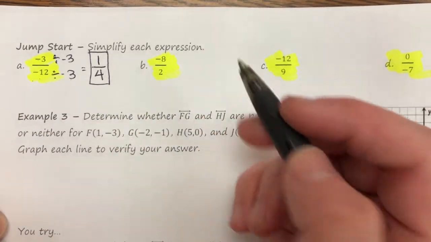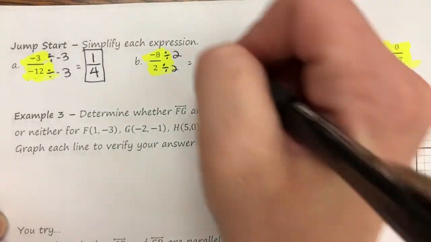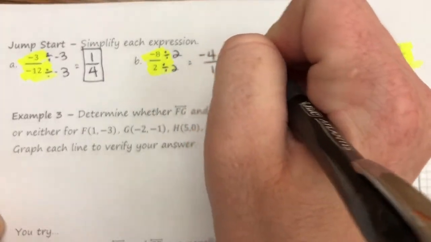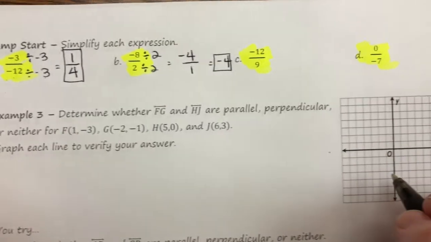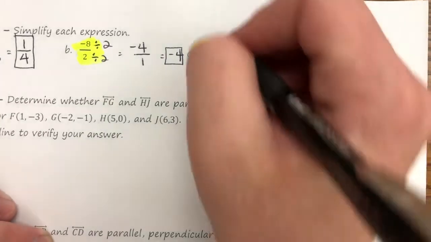Okay, then we've got negative 8 over 2. I can divide the top and the bottom by 2. Negative 8 divided by 2 is negative 4. 2 divided by 2 is 1. So my slope is just negative 4. Okay, then I've got C, negative 12 over positive 9. I can divide the top and the bottom by 3.